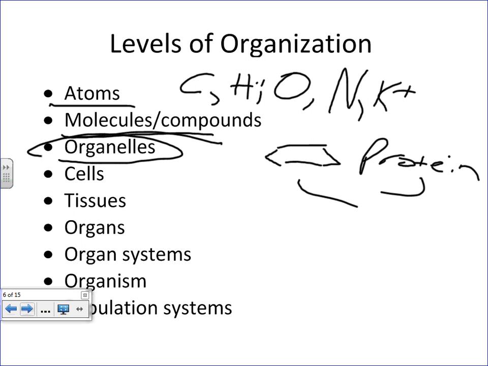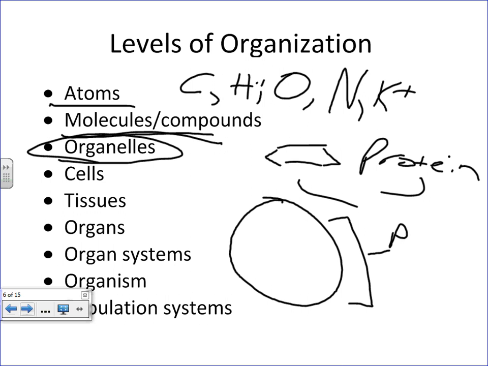And then organelles. When you start putting different molecules together in different arrangements, you form these more complex structures called organelles. If you look at a cell, and again we'll look at these much more in depth in chapter 3, a cell has a few distinct parts. A cell has an outer border, which we call the plasma membrane, or more simply put, the cell membrane.